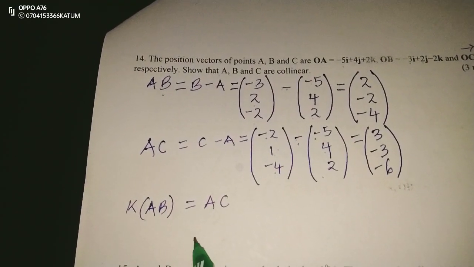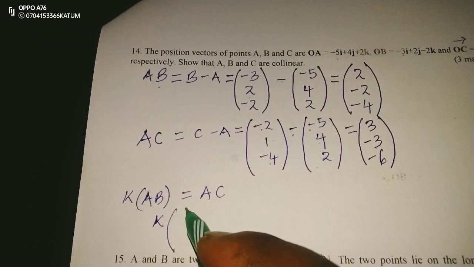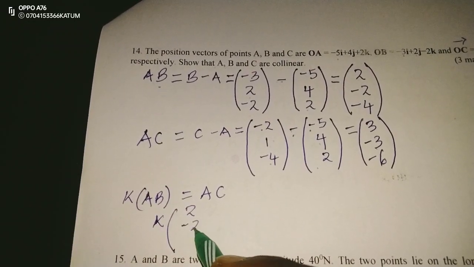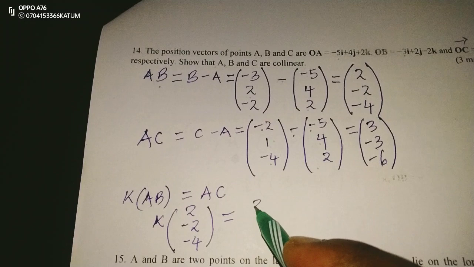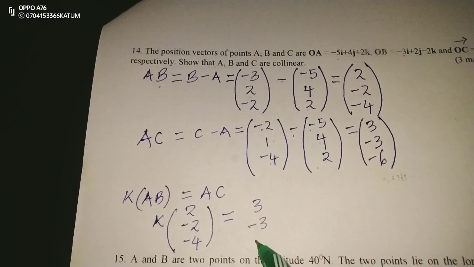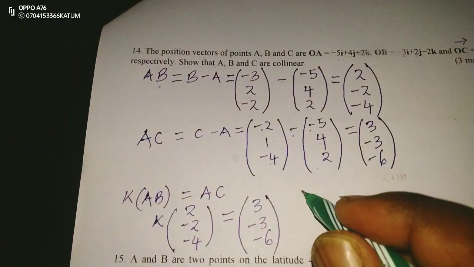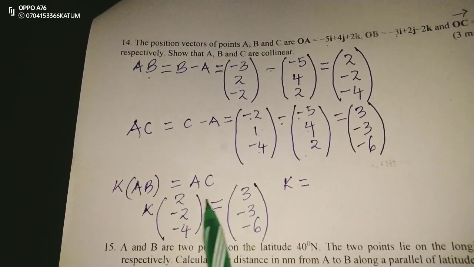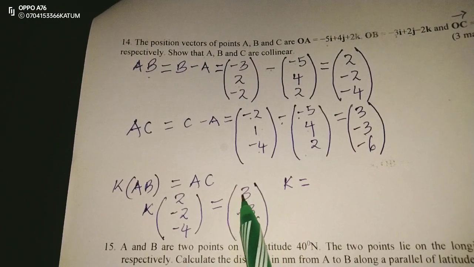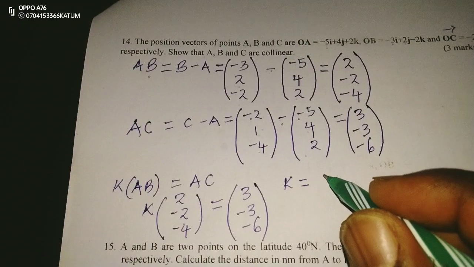Then we compute and see the scalar multiple k, that multiplies (2, -2, -4) so that we may get vector AC, which is (3, -3, -6). Now you discover the value of k is going to be, when we consider the x components, 2k will be equal to 3. That means the value of k will be 3 out of 2.